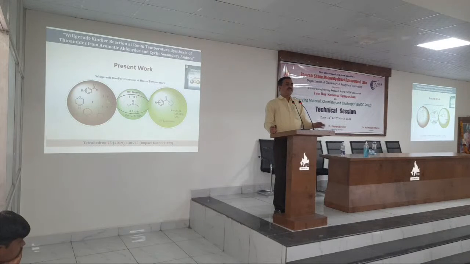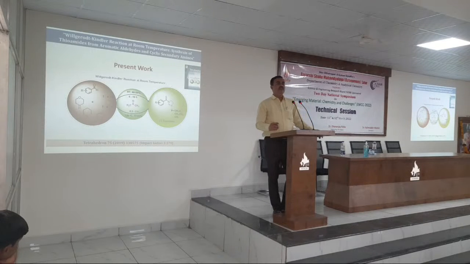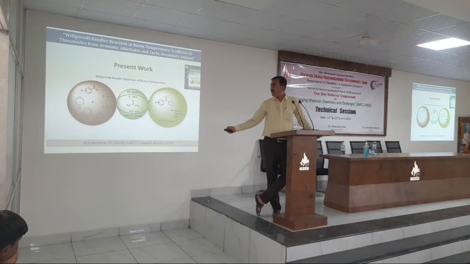So how does this happen? All people have done it using aromatic aldehyde. These are the secondary amines, and this is the sulfur powder, which is in the form of S8. Yes. So just take the aldehyde 1 equivalent, take the sulfur powder 4 equivalent, and secondary amine double.